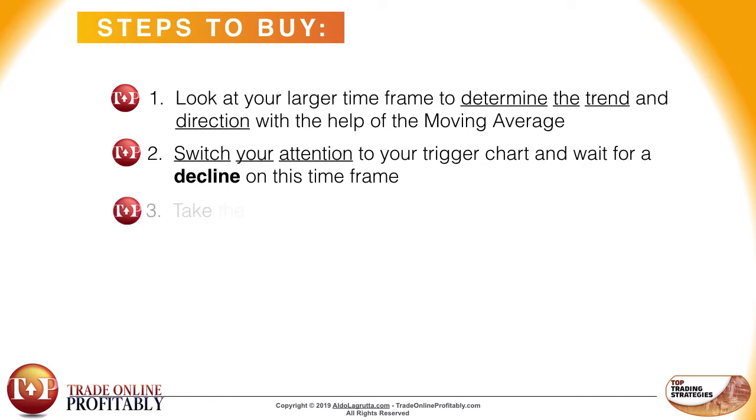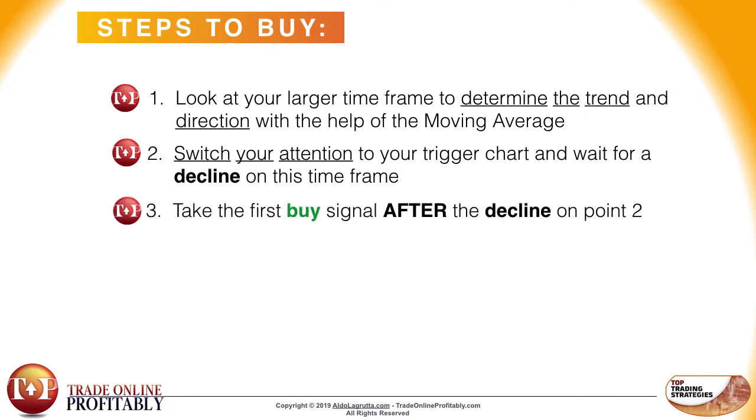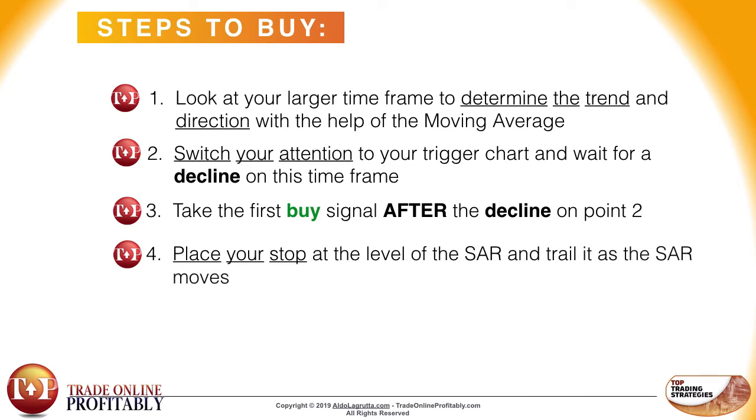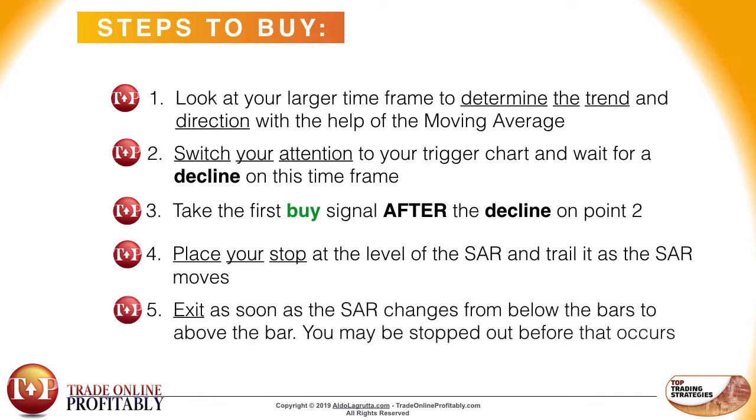Next, take the first buy signal after the decline on point 2. Thereafter, place your stop at the level of the SAR and trail it as the SAR moves. And lastly, exit as soon as the SAR changes from below the bars to above the bars. You may be stopped out before that happens.